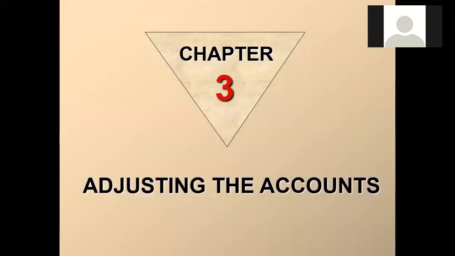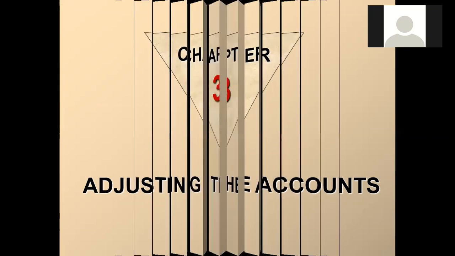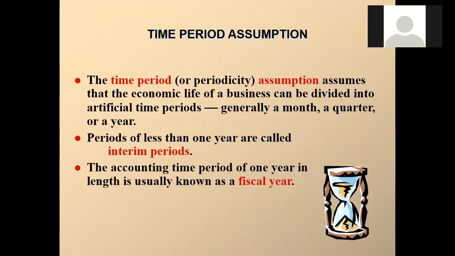Why we need to adjust certain assets, certain liabilities, or certain revenue. The reason is because of the time period, because of the periodicity assumption. Why?